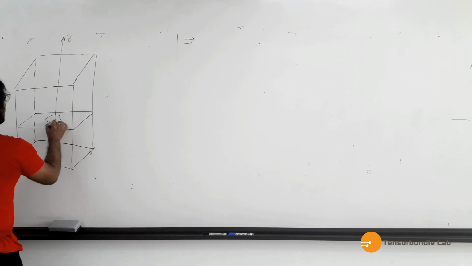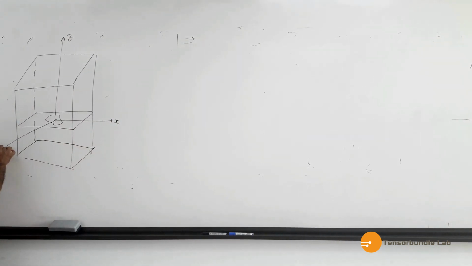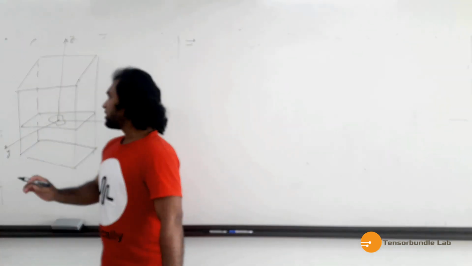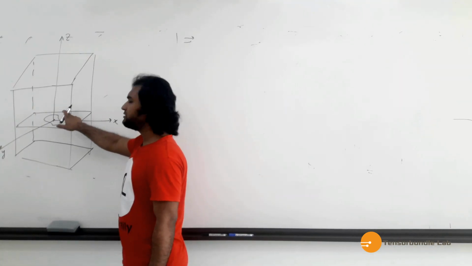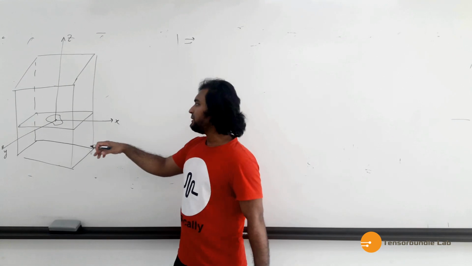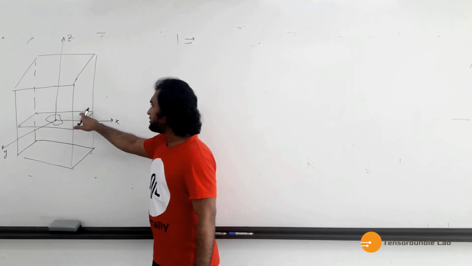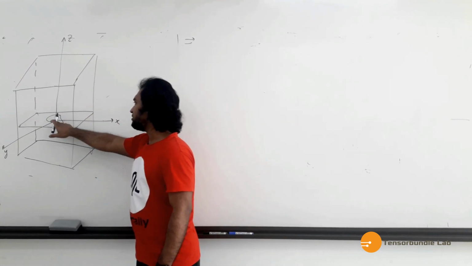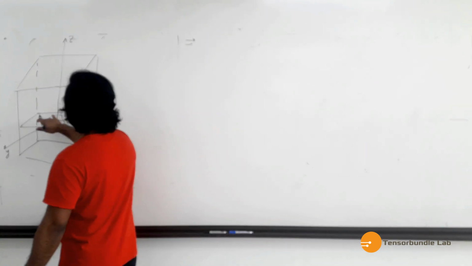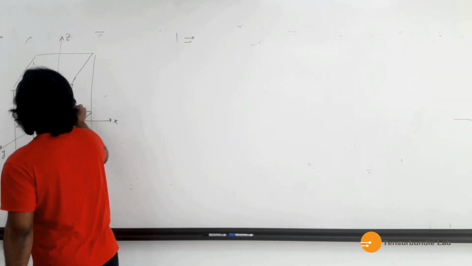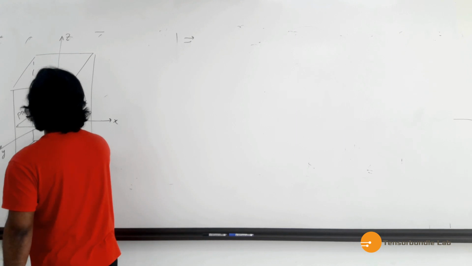This is the z-axis, this is the x-axis, this is the y-axis. If we closely notice, the boundaries of the waveguide impose a periodic condition on this structure. The walls of the waveguide are periodic in nature, right? They have periodic boundary conditions.